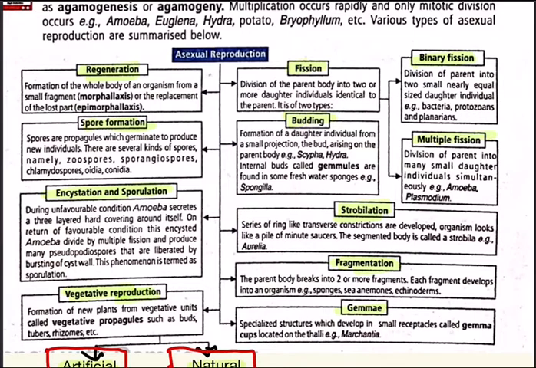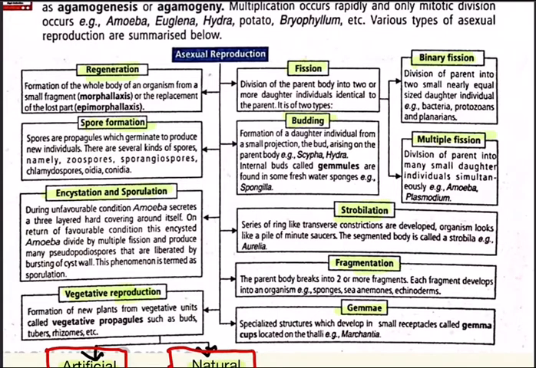Then we have another very common method of asexual reproduction. The first one is fission, the second is budding, and the third I go for is spore formation. Spores are propagules which germinate to produce new individuals. There are several kinds of spores.